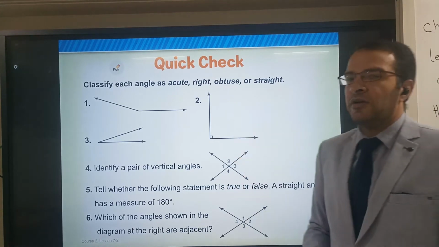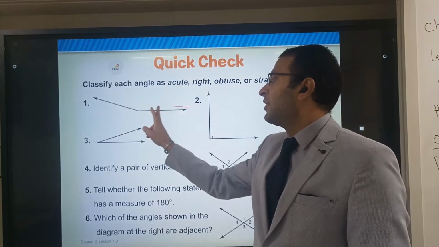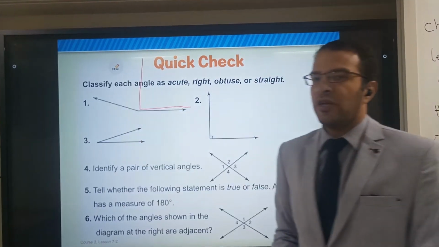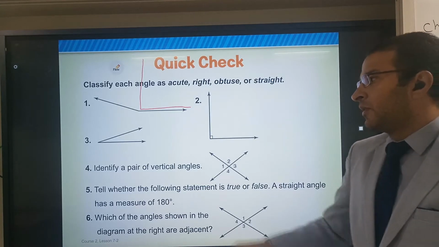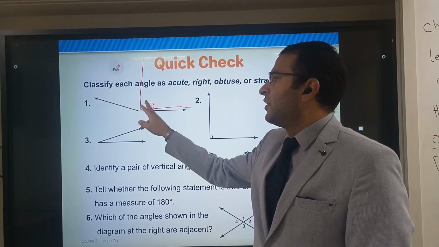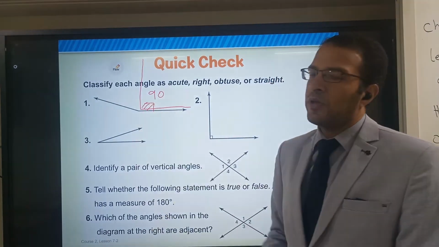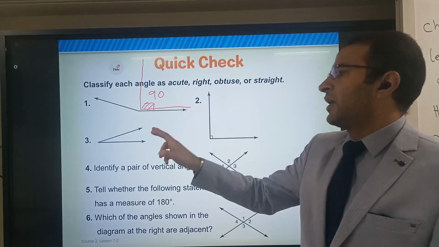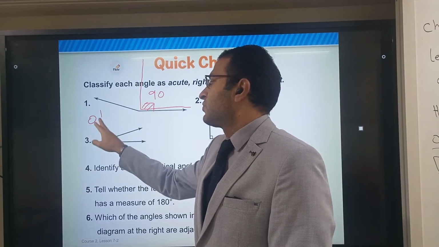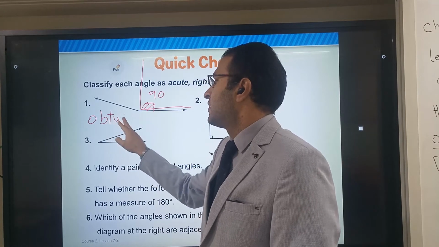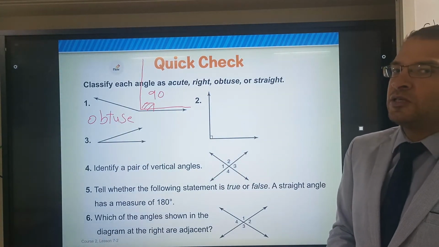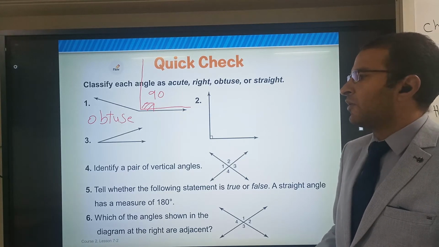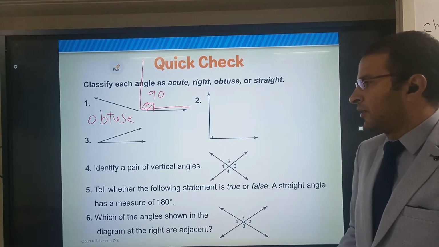For the first one, my right angle will look like a letter L by the shape. This is my right angle. Its measure is 90. So this angle is more than 90, so the first angle will be called an obtuse angle. Again, if the measure of the angle is greater than 90, I call it an obtuse angle.